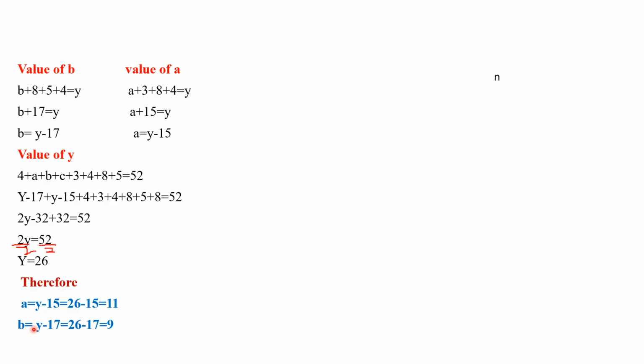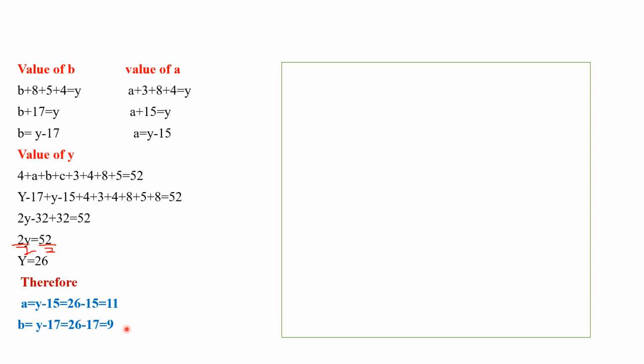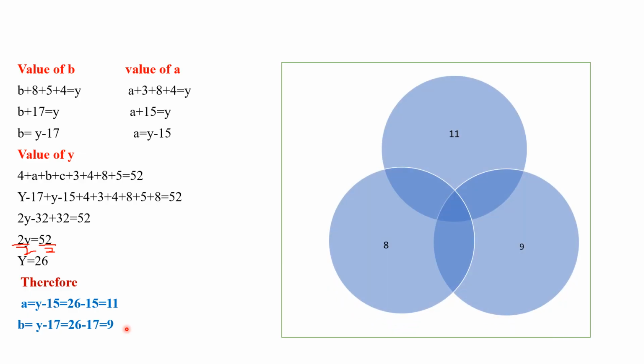And then the value of B is Y minus 17, but my Y is 26. So 26 minus 17, I get the answer as 9. After that, draw the final Venn diagram without a single unknown.